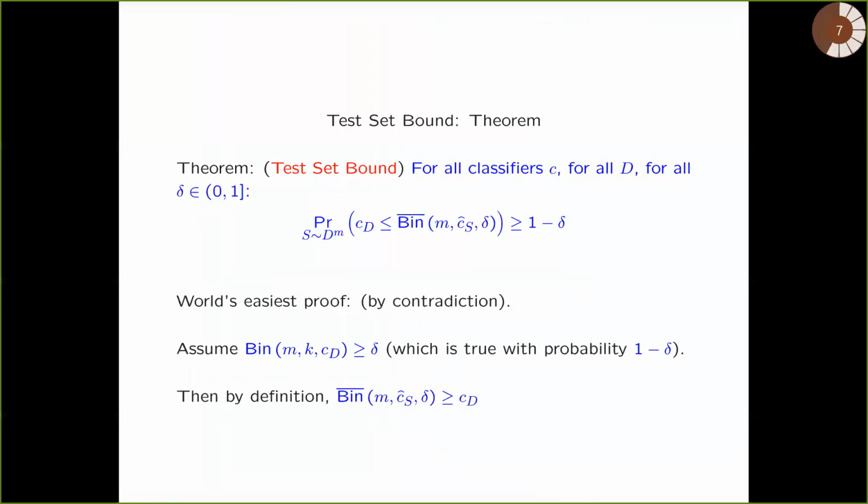Right, so that's what this test set bound theorem says. The claim is that for any classifier and for any distribution, for any choice of delta, this holds. So the true error rate is bounded by the output of this bin thing, which uses just observed quantities as arguments, with high probability, probability 1 minus delta.